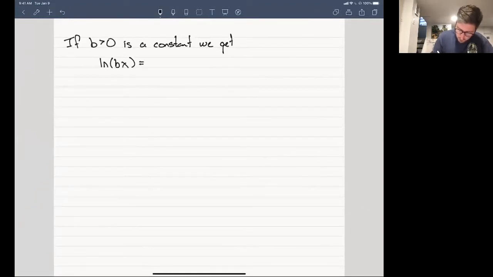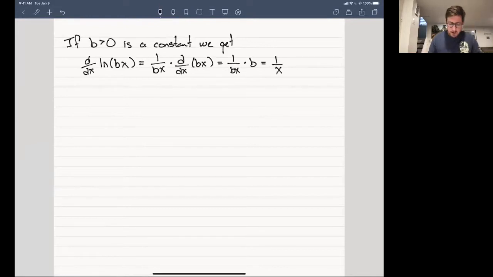If I want to take a derivative of this thing, well, the inner function is b times x, so I get 1 over the inner function, multiplied by the derivative of the inner function, bx, which just leaves me with b. So 1 over bx times b, which is just equal to 1 over x.